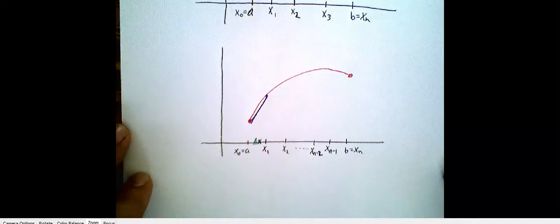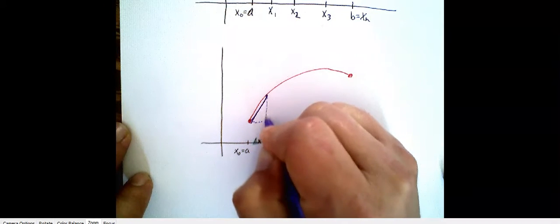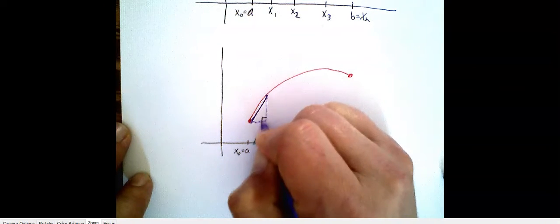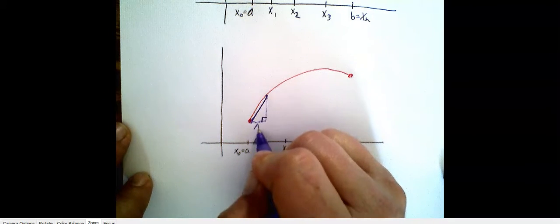That would be our delta x. And we can actually use a right triangle to get the length of this line segment right here. So we know that the distance here would be delta x. What would this distance be? Well, that's the difference in the function values there, right?